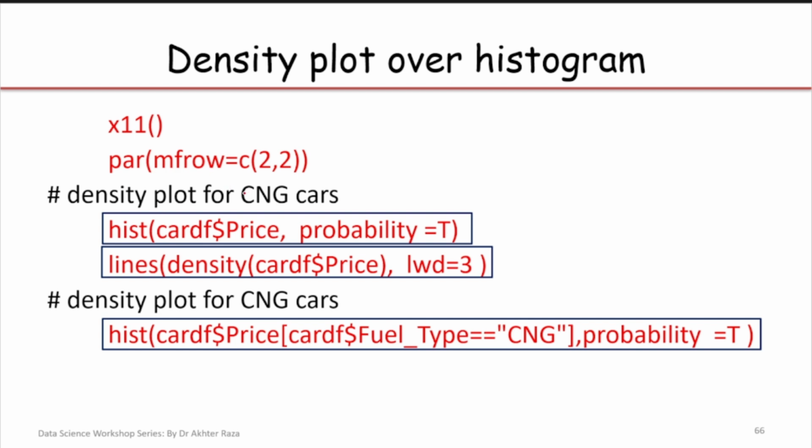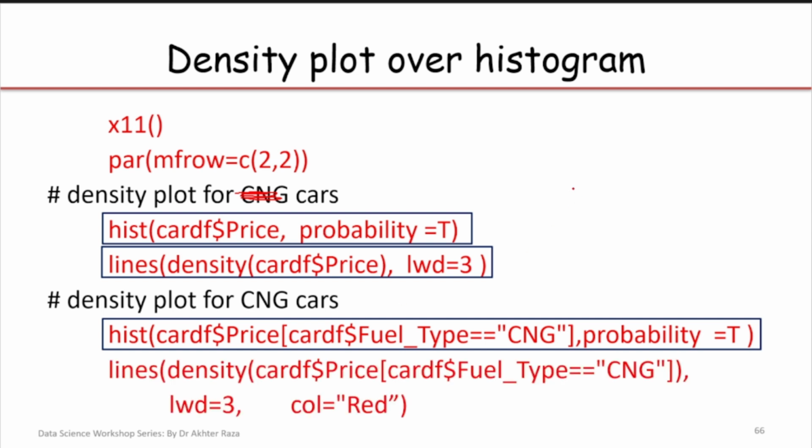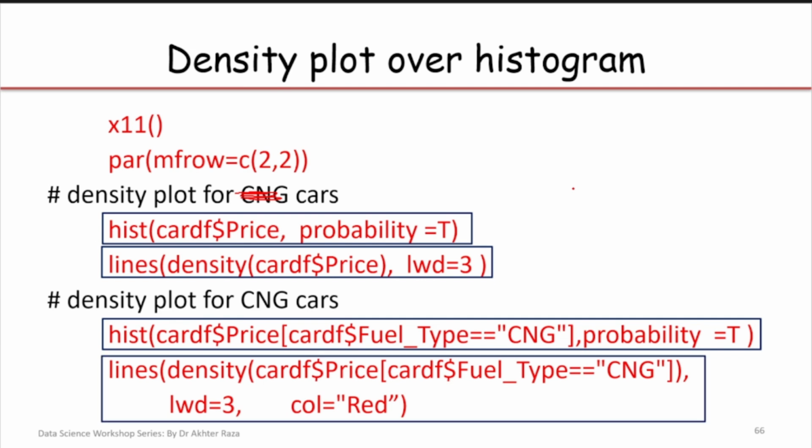And this is a correction. This is not the command for the CNG cars. This is the command for all cars. And this is the command for the CNG cars only. Then lines and a density is generated. The histogram is generated, then a density plot is generated. Again, the histogram is generated for CNG cars and a density plot over that. Similarly, two more commands are what?